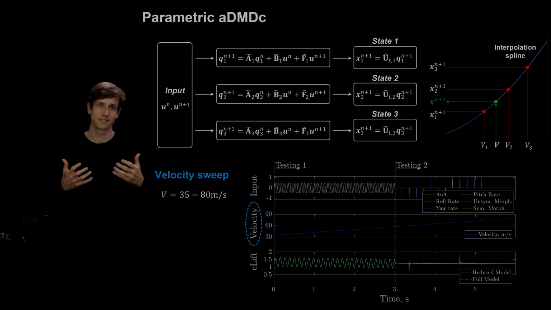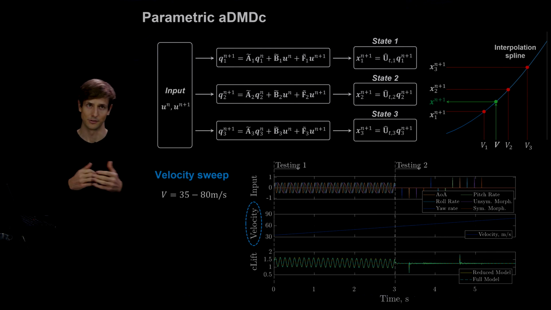So basically we accelerate our wing from 35 to 80 meters per second. And again, we get excellent agreement between the reduced and the full model. And even introducing this interpolation, we still get a speed up of 3 orders of magnitude.